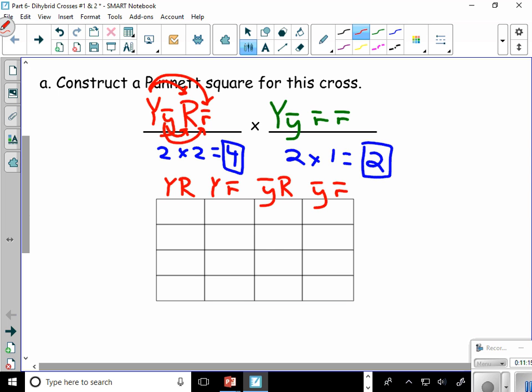So I have now done FOIL to get my 4 gametes there. How many gametes do I have for my other one? 2. What are they going to be?